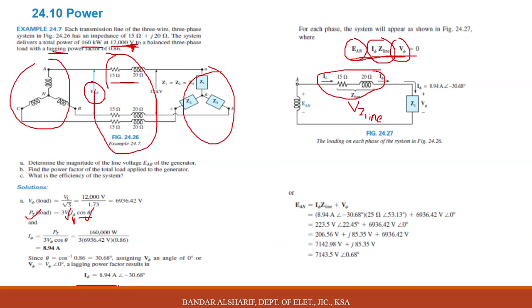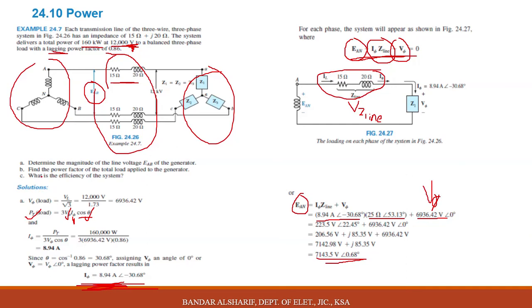Now we have this value of I, which is equal to I line. Now we can multiply this value by the impedance. This impedance, if you add 15 plus j20, you will get 25 angle 53, and then we will add V phase, and you will get the answer, the voltage phase in the generator.